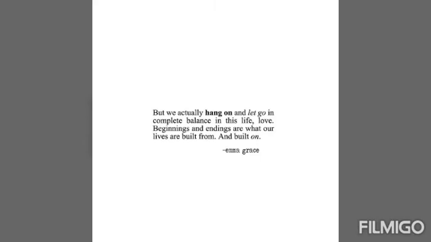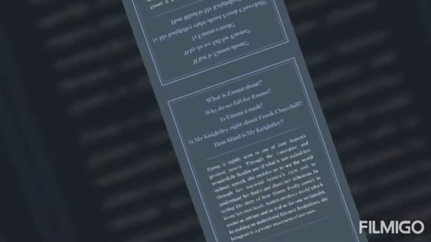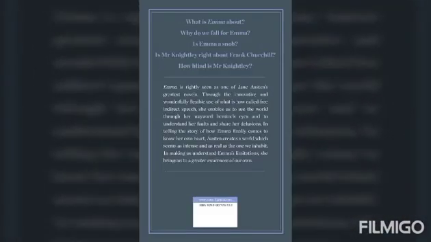Emma also suspects that Jane has a relationship with her friend's husband, Mr. Dixon, but it's not the truth.